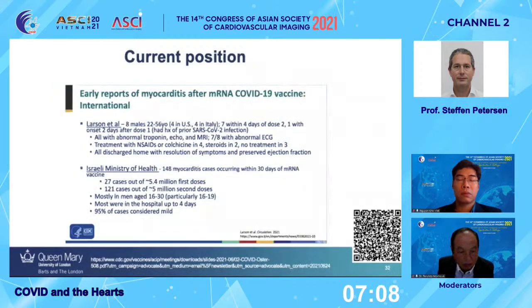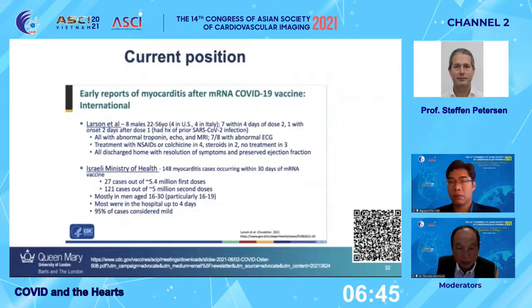International reports were from Larson in Circulation, who reported 8 males, 22 to 56 years of age, 4 in the US and 4 in Italy, 7 within 4 days of dose 2, 1 with onset 2 days after dose 1, but he had a history of prior SARS coronavirus 2 infection.